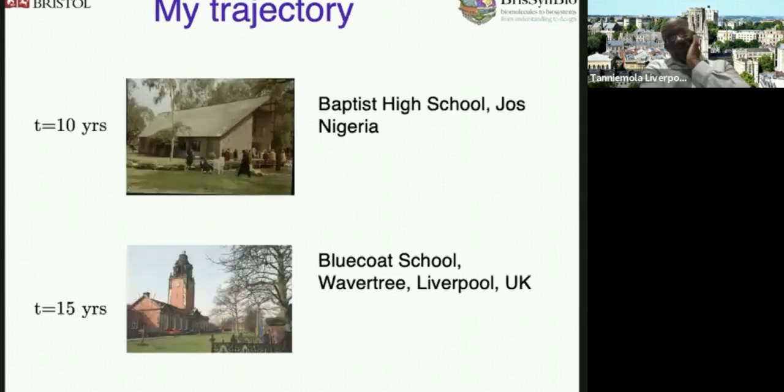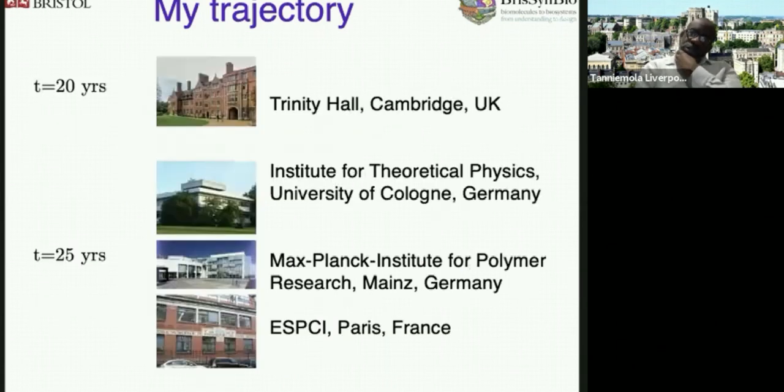At 10 years, I was at Baptist High School in Jos, Nigeria. At 15 years, I was at the Blue Coat School in Wavertree in Liverpool. At 20 years, I was to be found at Trinity Hall in Cambridge. Around 25, I was moving around a fair bit. I had a very high temperature at that time, you could say.